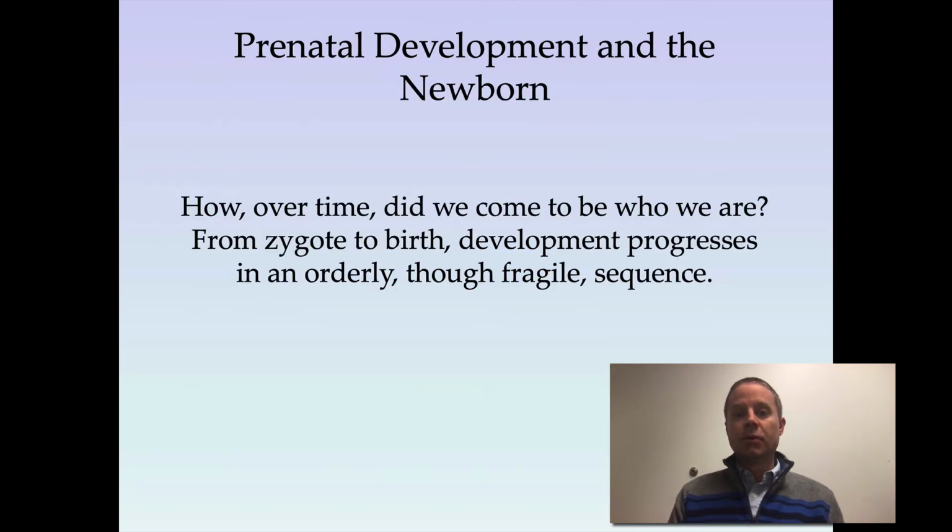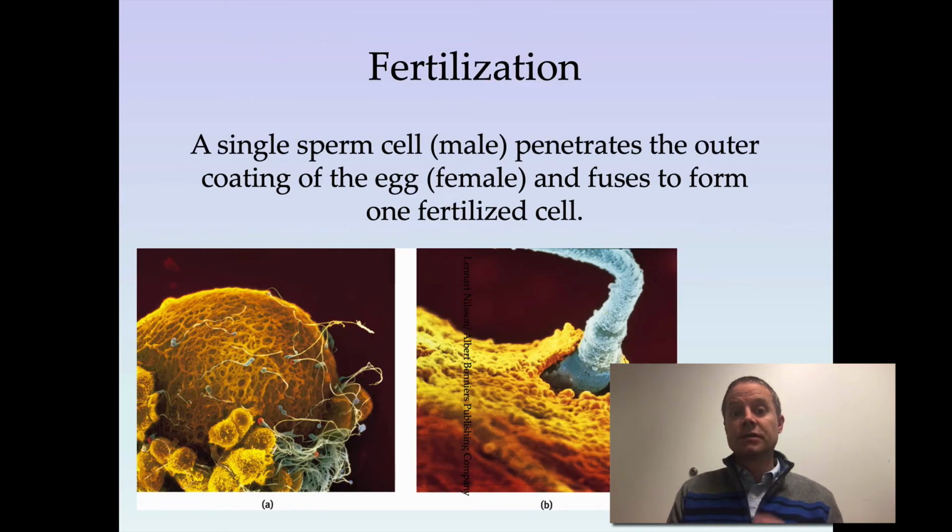Okay, what about the newborns? Prenatal development, that means in the womb. How do we become who we are? We go through development in the womb in an orderly fashion. First, there's fertilization, when an egg is penetrated by a single sperm cell and they fuse to form one cell.